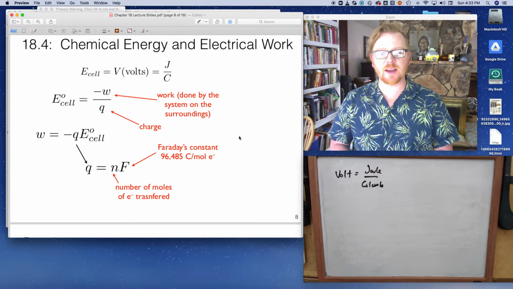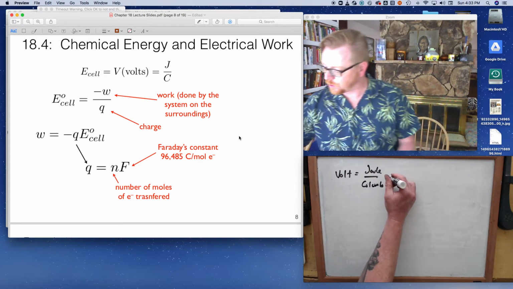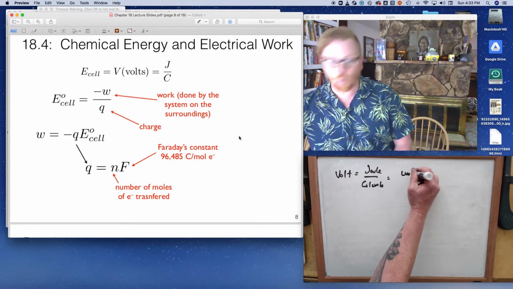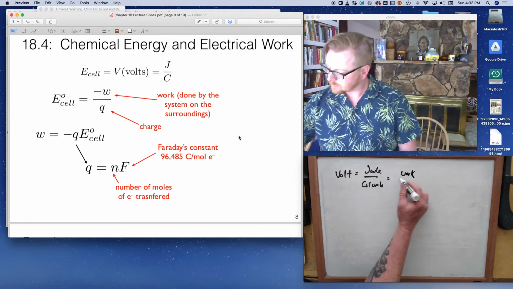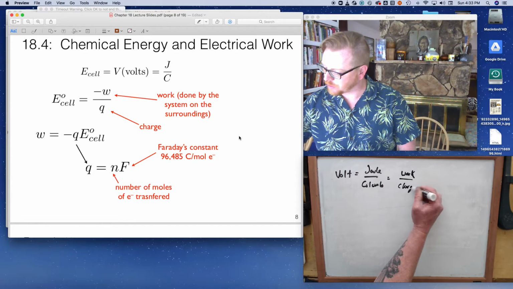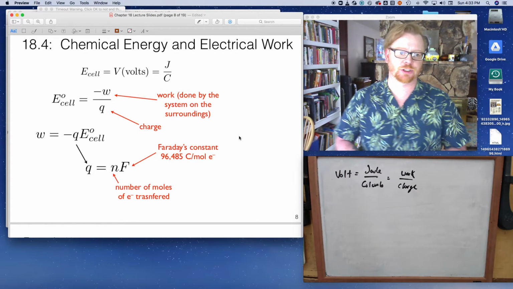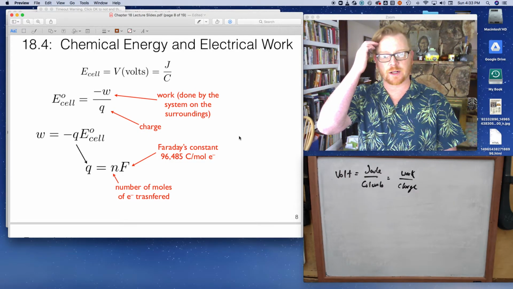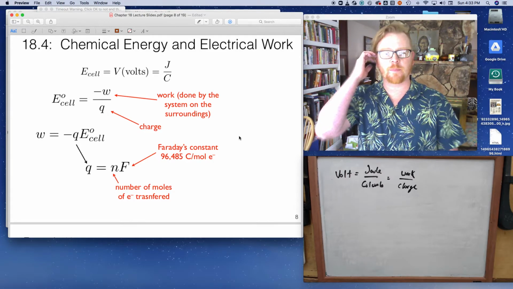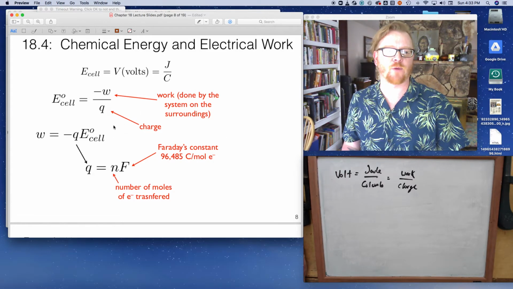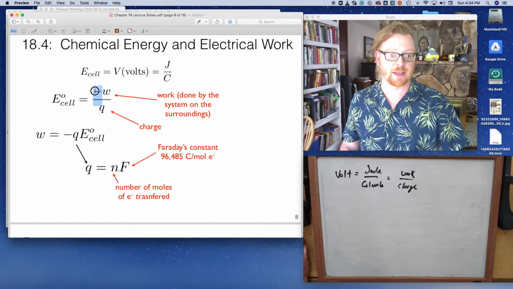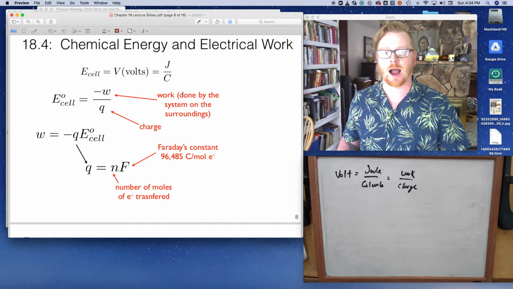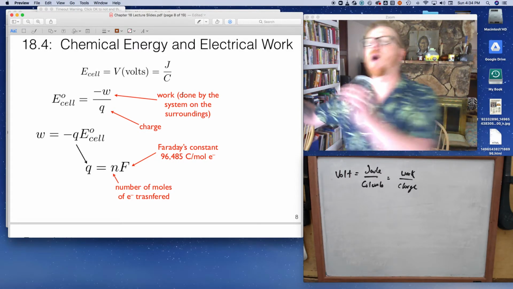If you think about this, we know that joules are really work, and the coulomb is a metric of charge. So it really is a work per charge. If I solve this equation for work, the negative sign is because it's work done by the system on the surroundings.